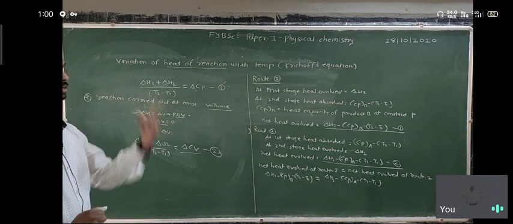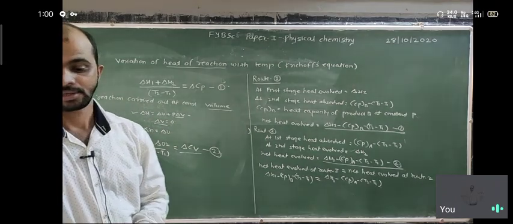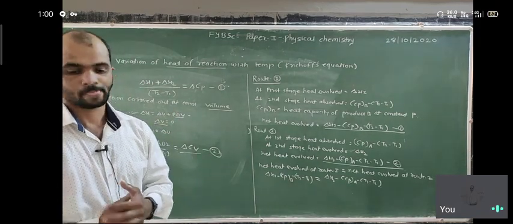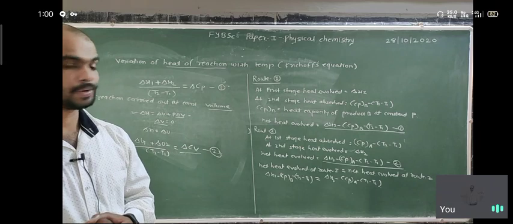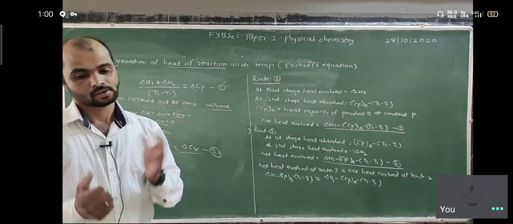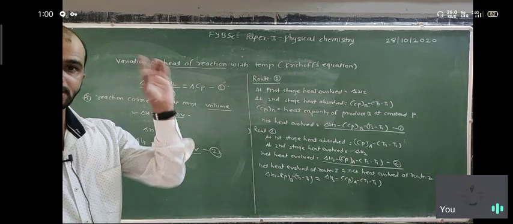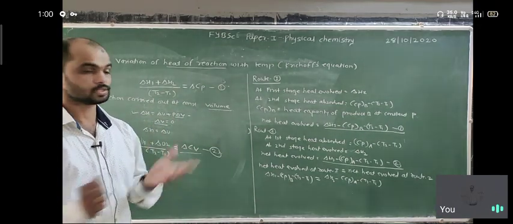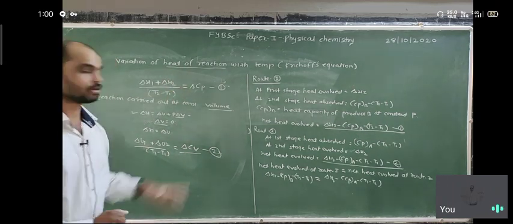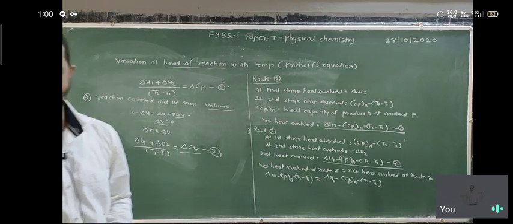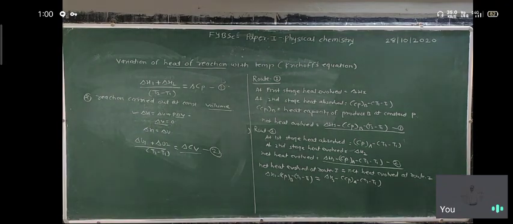And the first statement says the change in heat of reaction at constant pressure for every degree of temperature is equal to the change in heat capacities at constant pressure. So here is constant pressure, here is constant volume. You write both statements for the first case and the second case. So we are going to solve problems based on Kirchhoff's equation, and then we stop here. We are going to write the first example based on it.